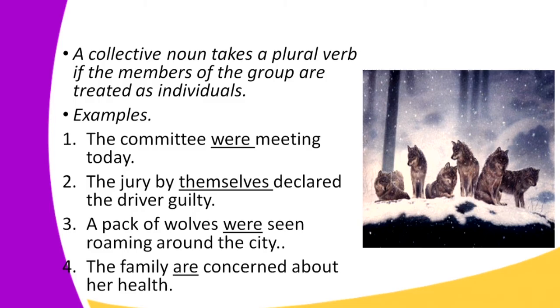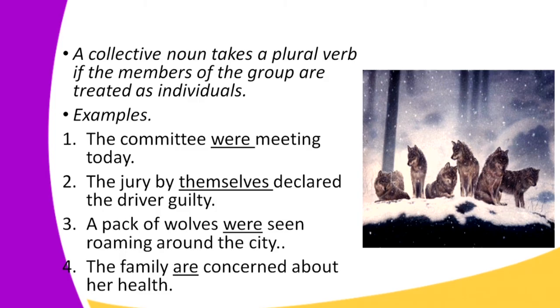Why? Because we are not treating the committee as one, but referring to the individual members of that committee. Number 2, the jury by themselves declared the driver guilty. Once again, the jury is being treated as many, or the members are being considered in this statement. That's why we are assigning it a plural verb.